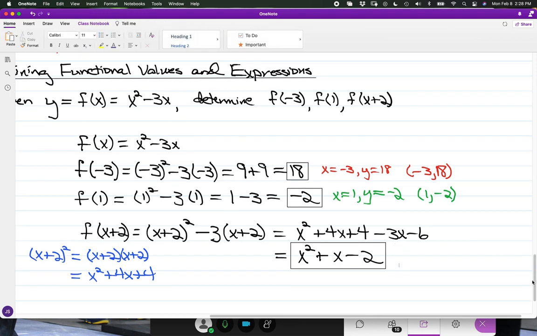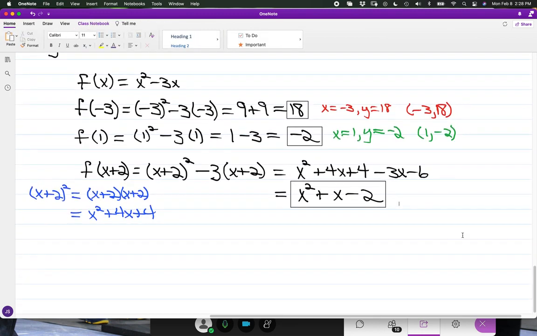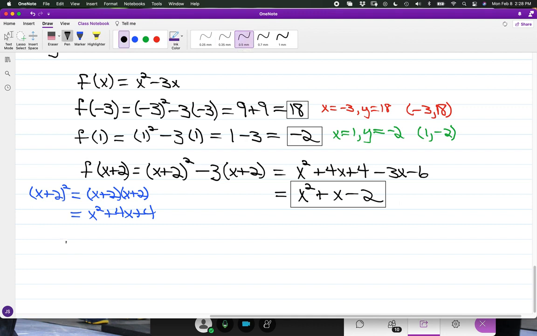All right, and tell you what, just for the next few moments, let's say we are given a function, and say we have f of x is equal to 2x squared minus 3x plus 7.